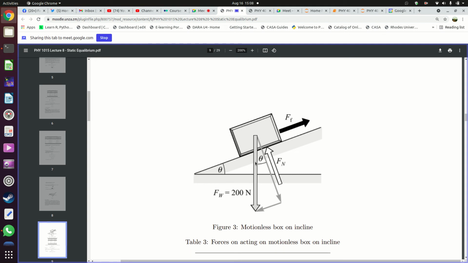Are we clear? I think we might be onto something. If I put an XY plane over this incline and take this side to be my positive x-axis, then the angle from this line will be 0 degrees. For this one, it's going to be 90 degrees.